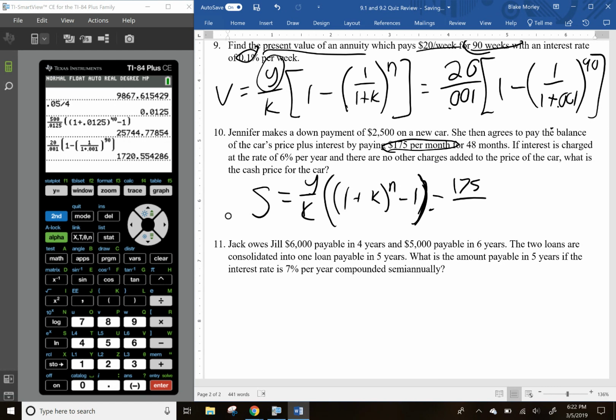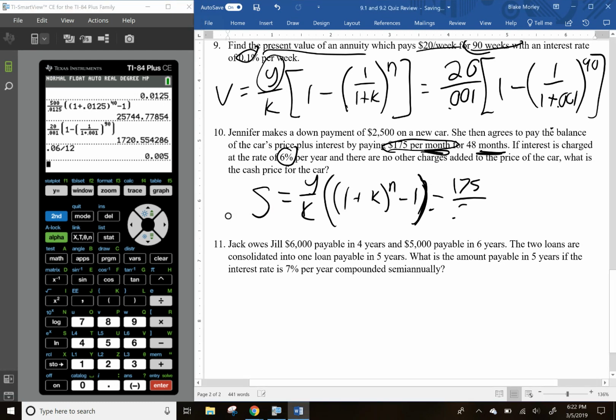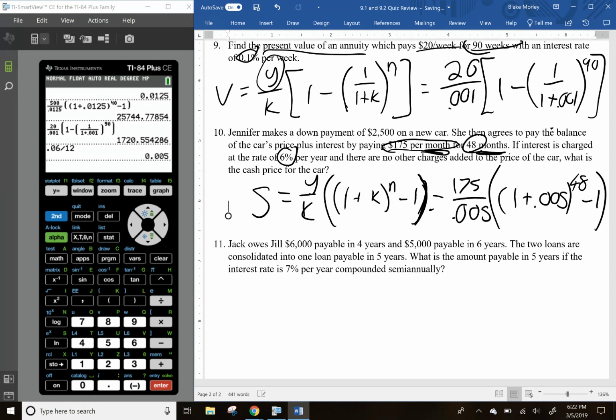Now K is 6% per year, but because we're talking about monthly payments and everything's done by month, I need that 6% to be a monthly interest rate, not the yearly interest rate. So we take the 6%, divide it by 12, and we get the monthly interest rate, which is 0.005. So then we have 1 plus that 0.005. The n power is 48 months. It's very straightforward. Then minus 1, and we're good to go.